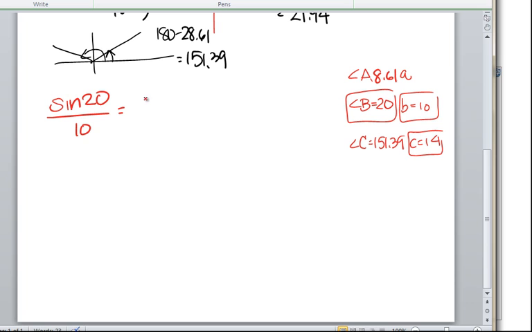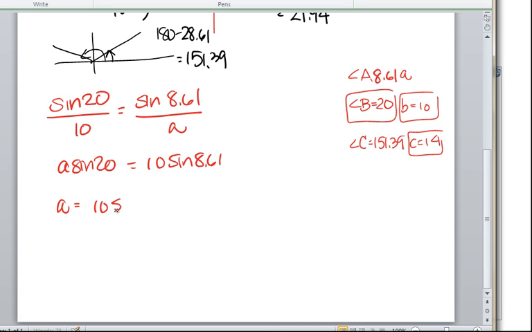Okay, that's what I'm going to do for my ratio here to solve for A using the law of sines. So I get that A sine 20 is equal to 10 sine 8.61. So A is equal to 10 sine 8.61 divided by sine of 20.